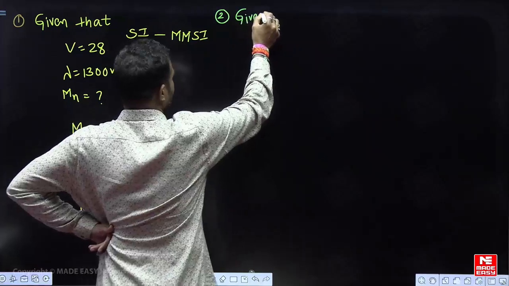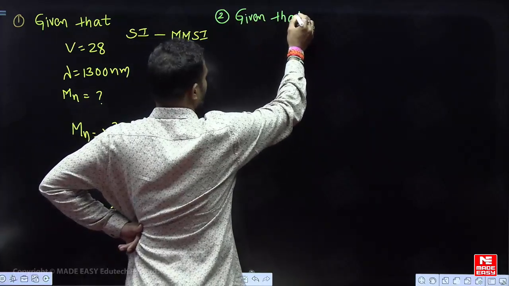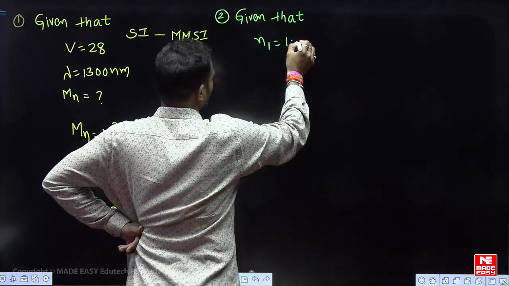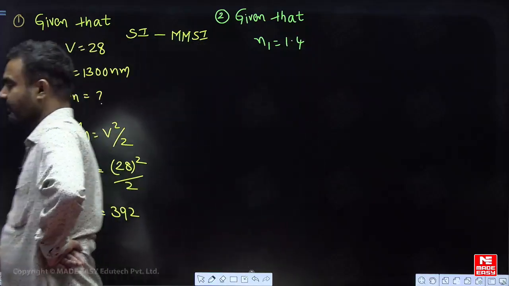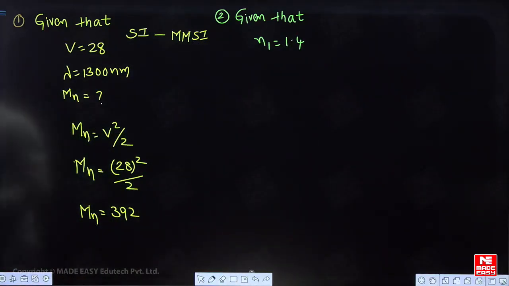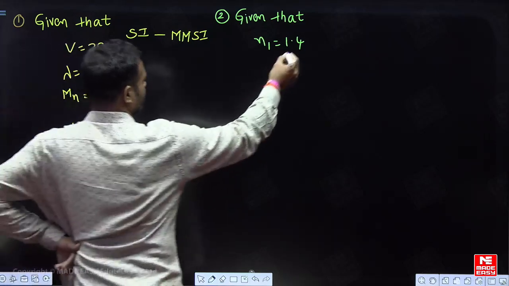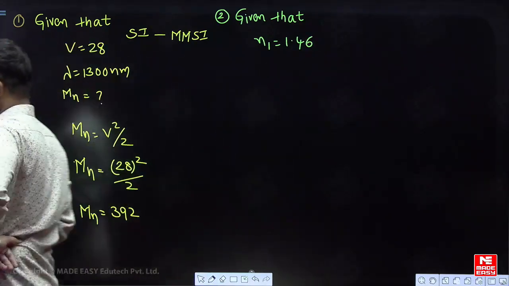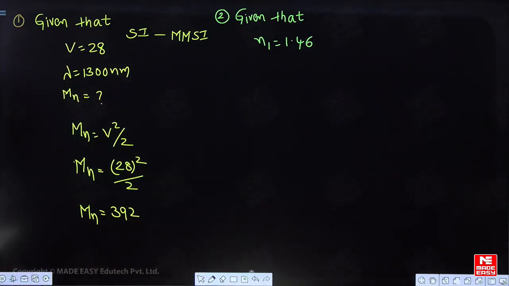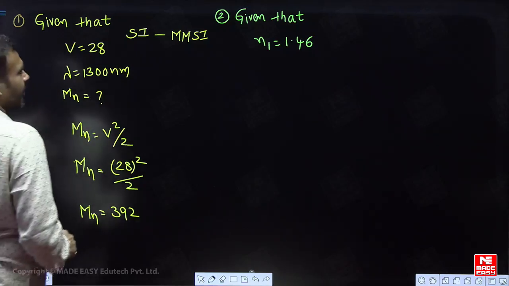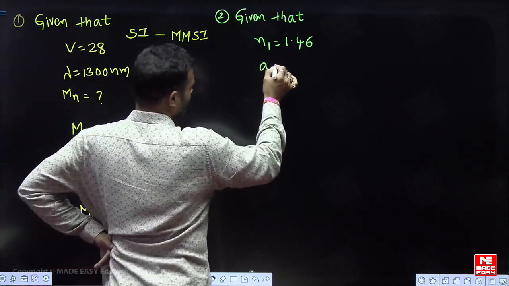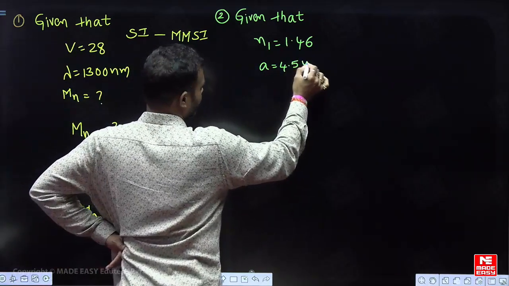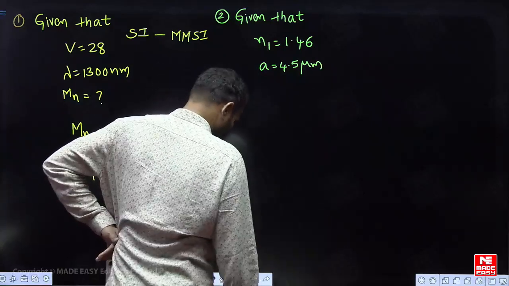Given that N1 is equal to 1.46, and the radius, that means the value of A, is equal to 4.5 micrometers.